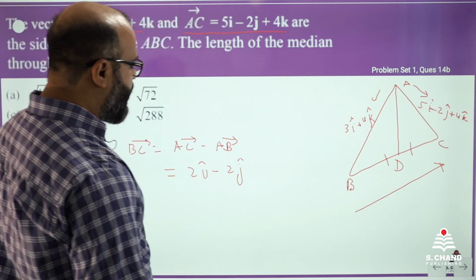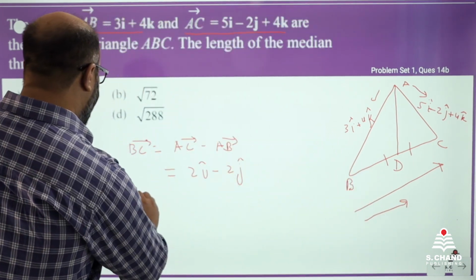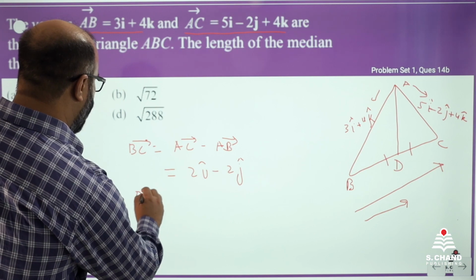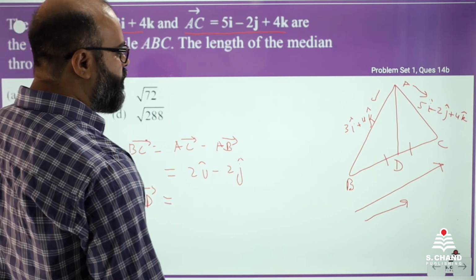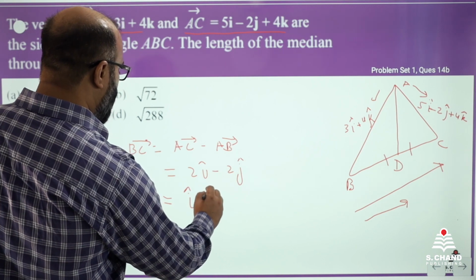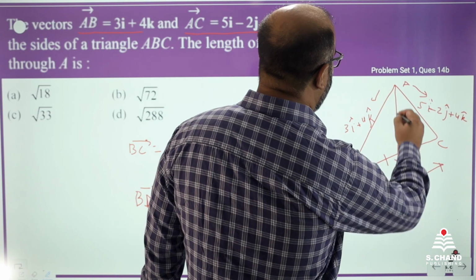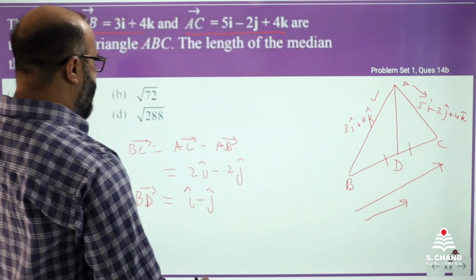Now this is the vector BC. Can you tell what is BD? So BD vector is actually half of BC, because D is the midpoint of BC. So this will be i minus j, half of this. Now if this is i minus j, then can you find the resultant vector AD?